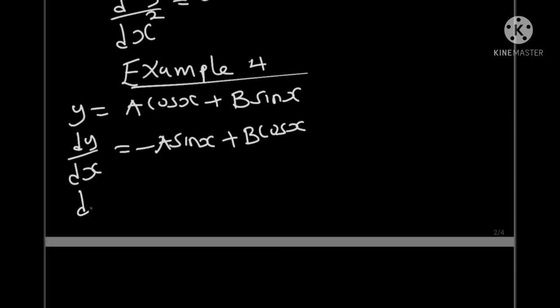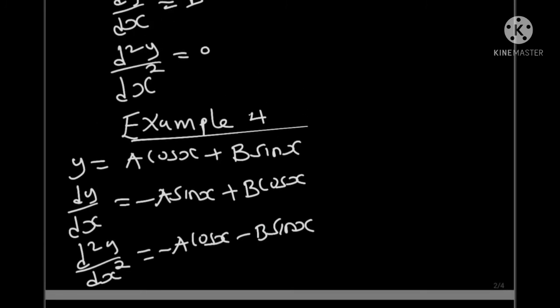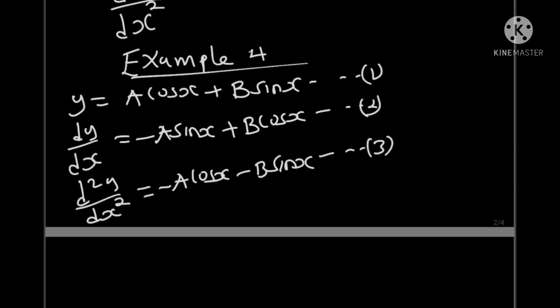Again, when you differentiate sine, you get positive cosine. And when you differentiate cosine, you get negative sine. When you look at this equation carefully, you will realize that equation 3 is the same as equation 1, only that the sign has changed.